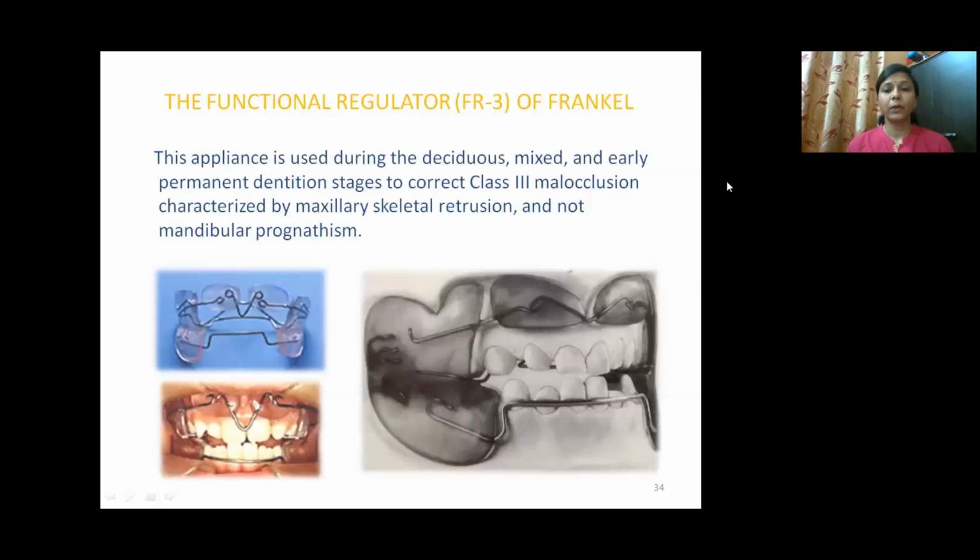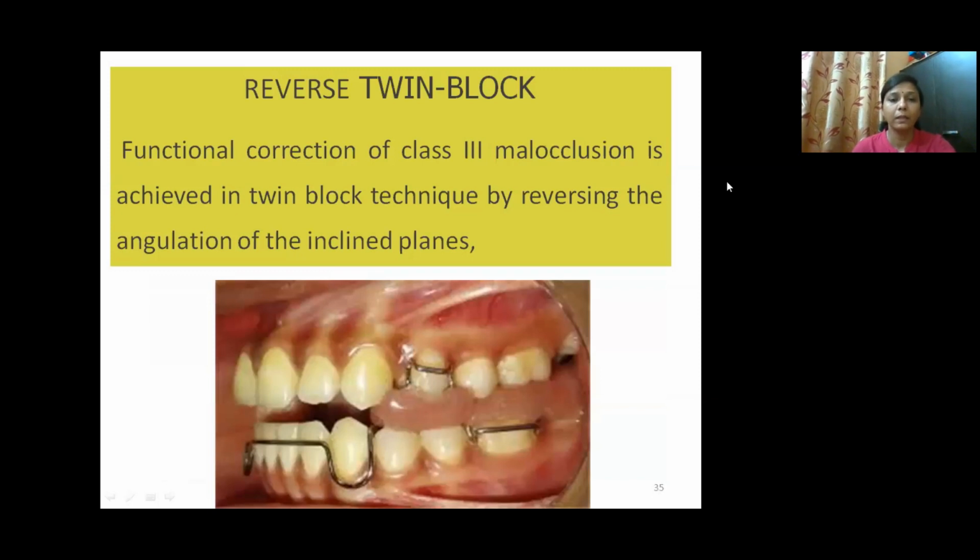Coming to the function regulator or FR3. This appliance is used during the deciduous, mixed, and early permanent dentition stages to correct class 3 malocclusion, which is characterized by maxillary skeletal retrusion and not mandibular prognathism. Next is the reverse twin block. This is used in cases where there is a mild class 3 tendency.